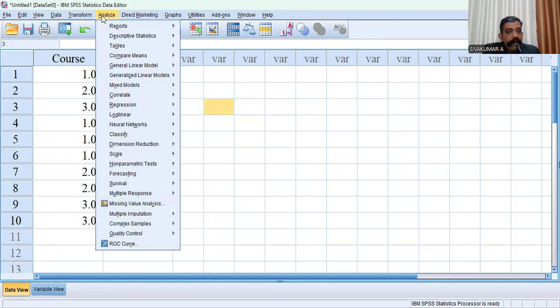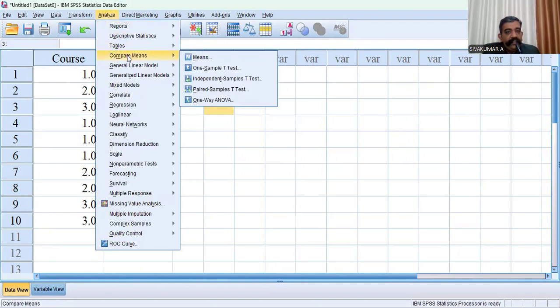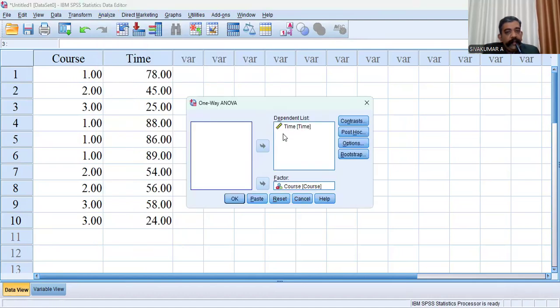Then analyze. Please type analyze, compare means, then one-way ANOVA. Then the one-way ANOVA platform asks you which is the dependent variable. Time is the dependent variable. Then which is the independent variable?